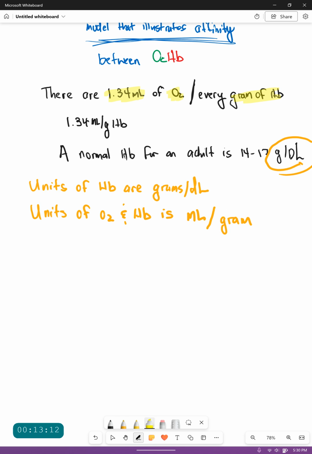This is important if you want to find the right answer and actually understand this. Hemoglobin is often presented as gram percentage, because it's a gram over a deciliter and expresses a percentage. mL per gram would also technically be pronounced as volume percentage because you're looking at a volume over one.